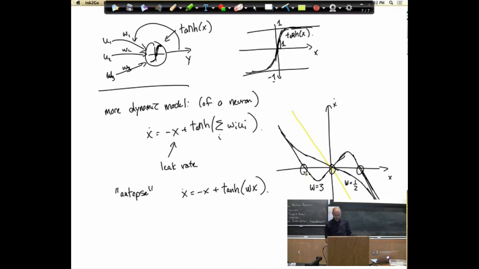As W is very large, those are going to approach -1 and 1, just like we had before. Are those fixed points stable, unstable? What do we got here? What's this one, stable or unstable? Stable. This one?